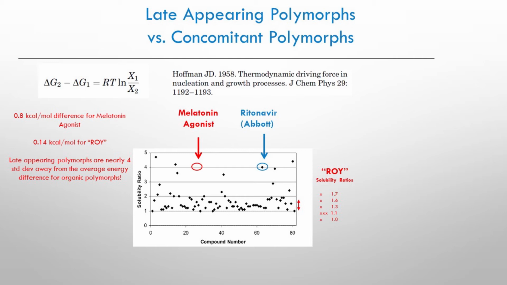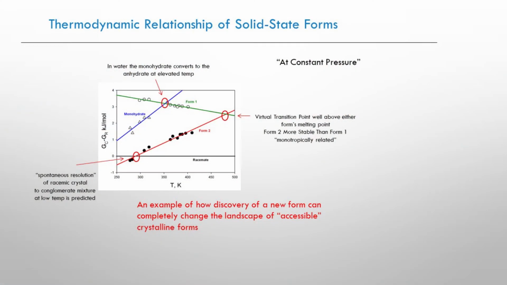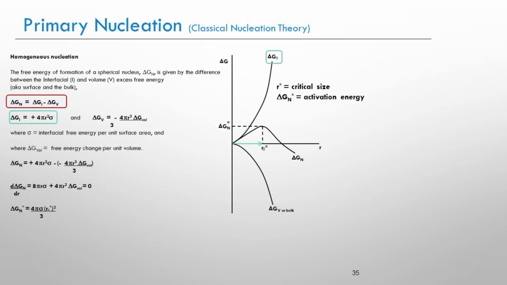ROY was 0.14 kcal per mole. That's the concomitant one where we had difficulty controlling which form would grow. So late appearing polymorphs are nearly 4 standard deviations away from the average energy difference of the average organic polymorphic system. I did these energy diagrams using a combination of thermal analysis and solubility analysis across a wide variety of temperatures.